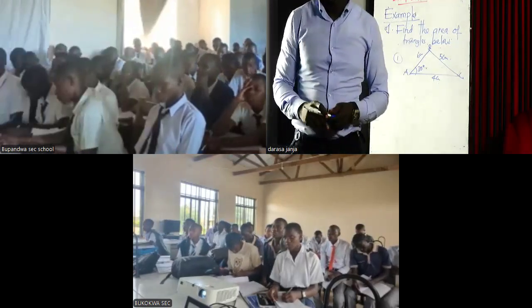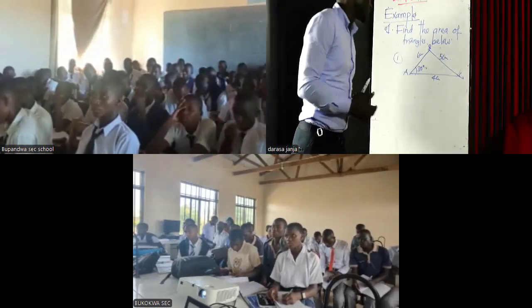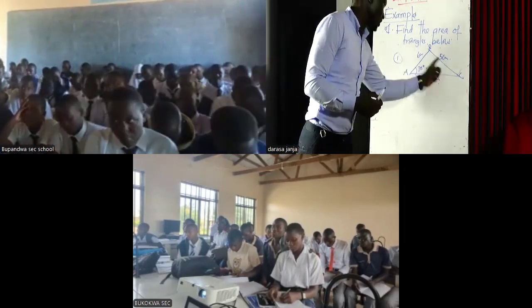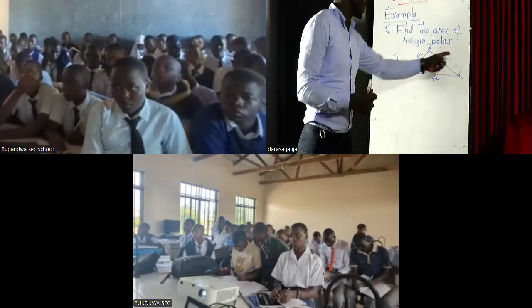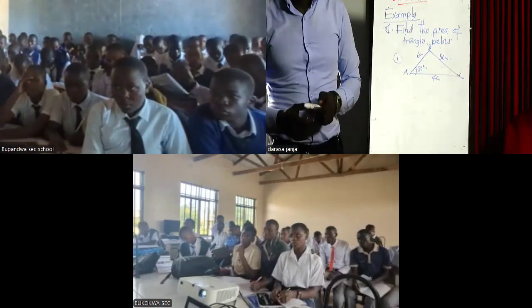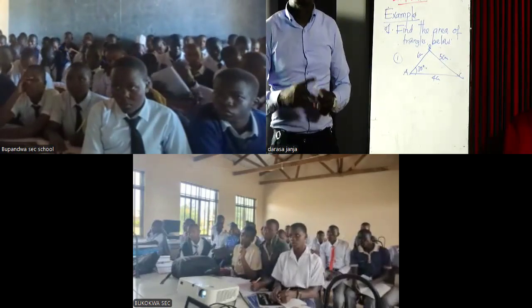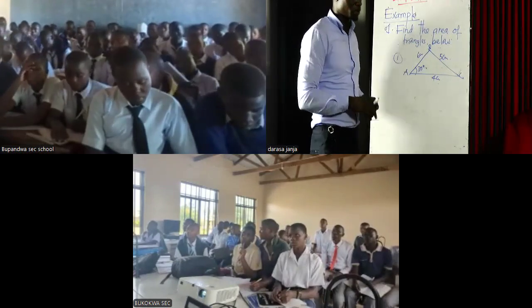If you look well at our diagram, they don't give us the height. So if the triangle has no altitude or height, the formula or concept you're going to use comes from the trigonometric ratios. I think you read this when you were in Form 2 class.